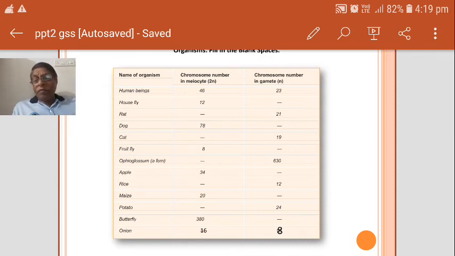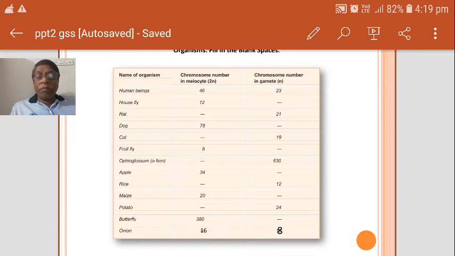Ophioglossum. The plant Ophioglossum is commonly called fern. Why do we call it fern? It belongs to pteridophyte. In case of Ophioglossum, the gametic cells contain 630 chromosomes.